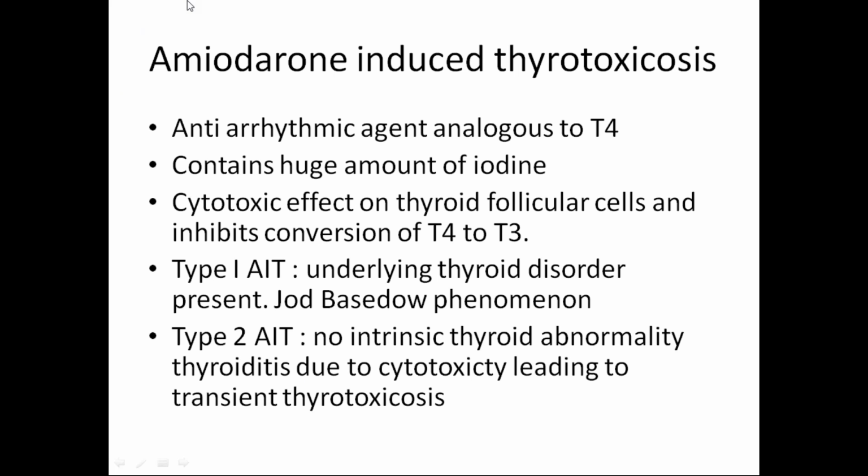One of the important questions for you is amiodarone-induced thyrotoxicosis. Amiodarone is a type 3 anti-arrhythmic agent, which has a structure similar to T4, and it is used in the treatment of AF.